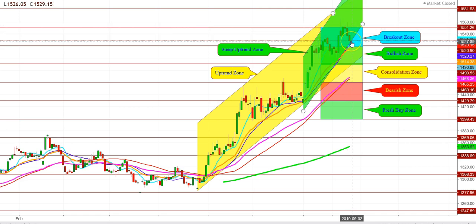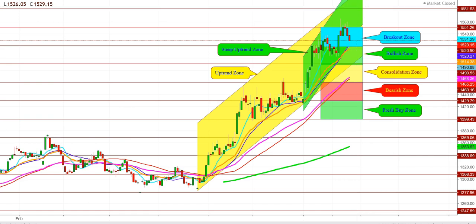Currently the gold futures have found good support at the level of $1527, where I find, at the lower end of this breakout zone, which is at the level of $1522, gold futures once again will try to move upward up to the levels of $1552 if the US and China do not come with a clear deal on the tariff trade war front. We will find the gold futures will move upward up to the levels of $1585 during the upcoming week.